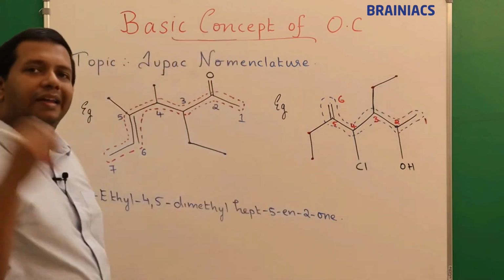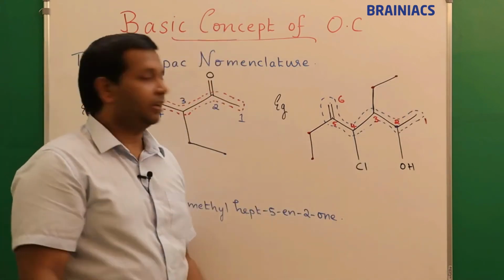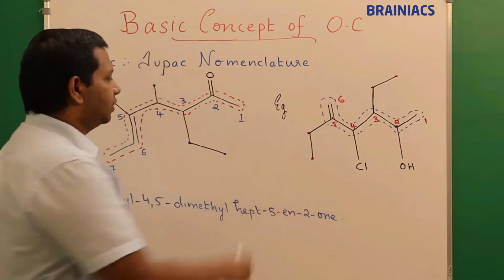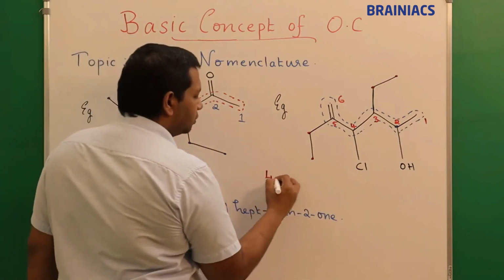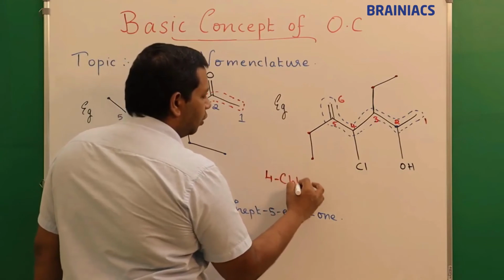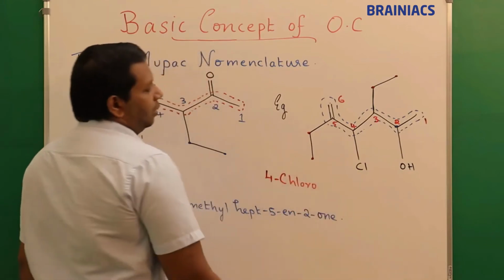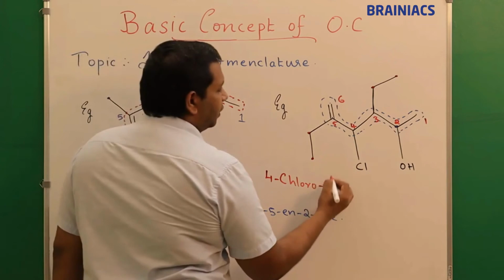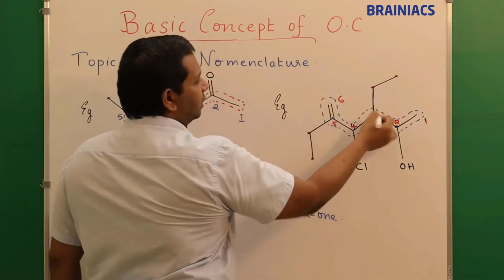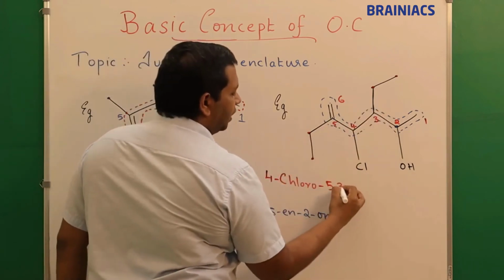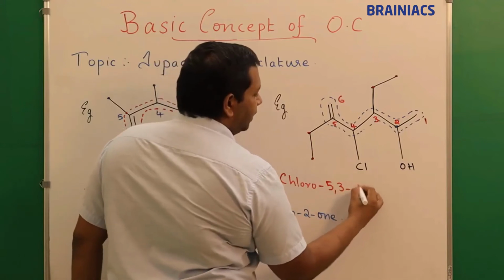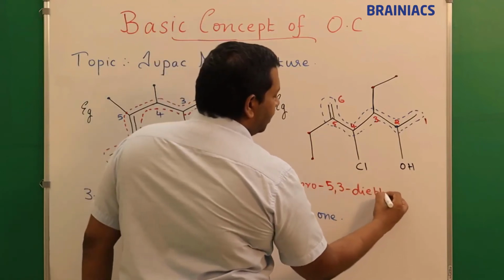Now chloro and ethyl, who comes first alphabetically? Chloro. So I can start by saying 4 hyphen chloro, correct? 4 chloro hyphen, then 5 and 3. So I say 5 comma 3, okay, hyphen diethyl.